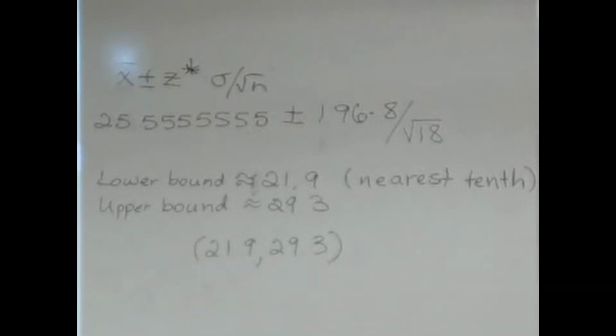Same size sample, same confidence level. Then 95% of those confidence intervals we would come up with would actually have the true population mean in there.